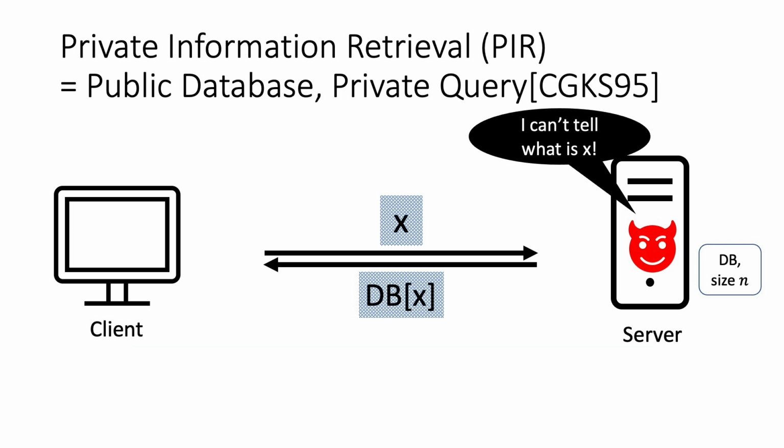The client wants to know some value from the database, for example, the database value at position X. They run some private information retrieval protocol. They have some interaction, and finally, the client should get the correct response. And the privacy requirement says that the server cannot tell what exactly the client's query is. It protects the client's privacy.